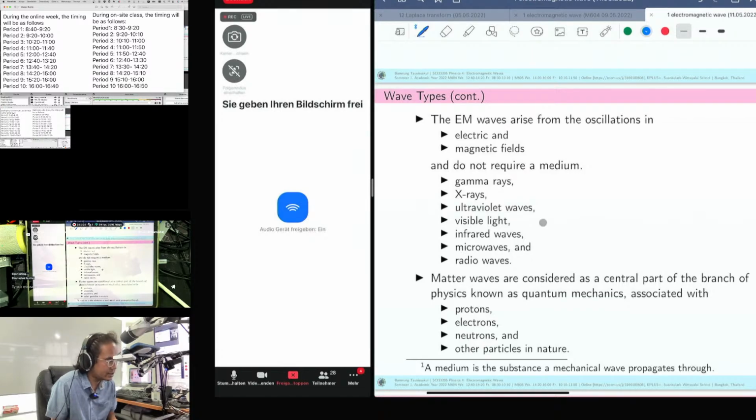And visible light, of course, comes in different colors of light. This is the range of the EM wave that can be observed by human eyes, right? The infrared wave is outside the region of our eyes.